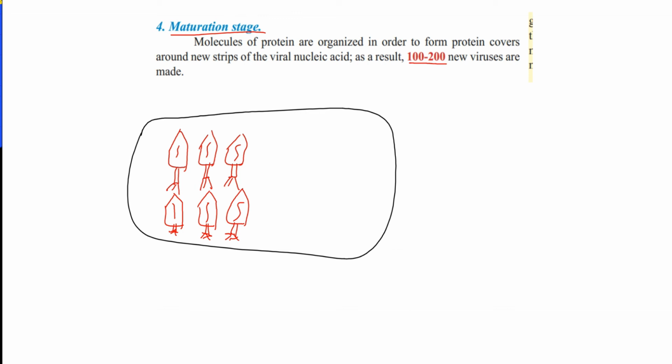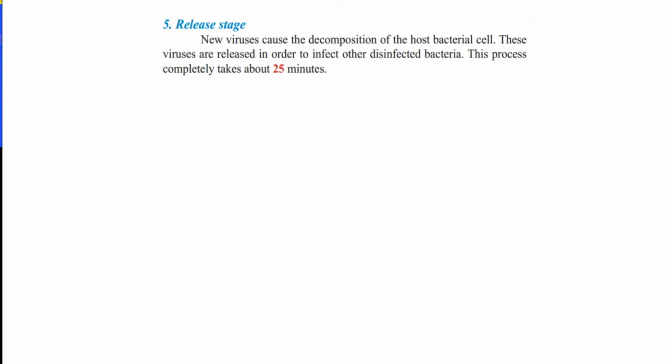And these produced viruses are released in next stage, which we call release stage. New viruses cause decomposition of the host bacterial cell. How? By again producing some digestive enzymes. These viruses are released in order to infect other uninfected bacteria. The process completely takes about 25 minutes.